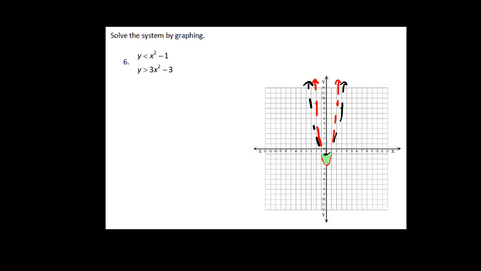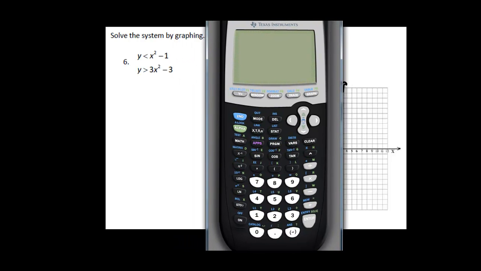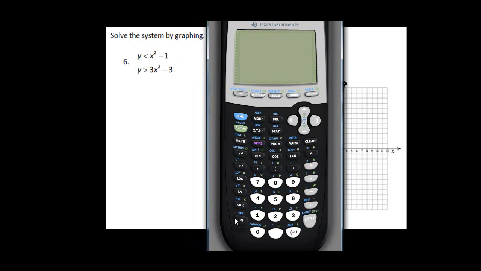And let's bring out the calculator just to show that. So let's turn it on. Okay, so y is less than. So let's go over here and hit enter, enter, enter. So you see the little triangle on the bottom. That's less than. We're going to do x squared minus 1.